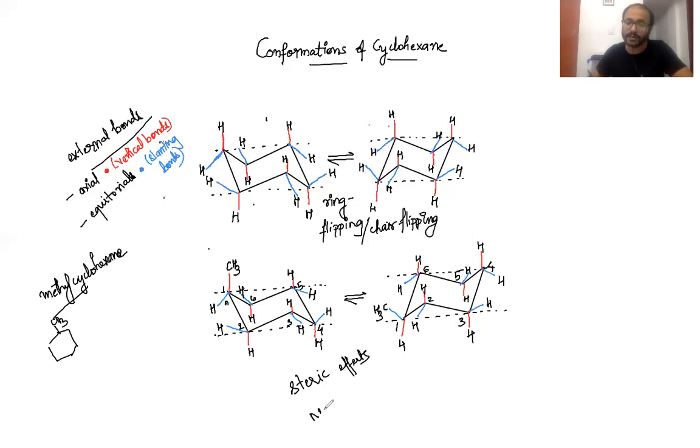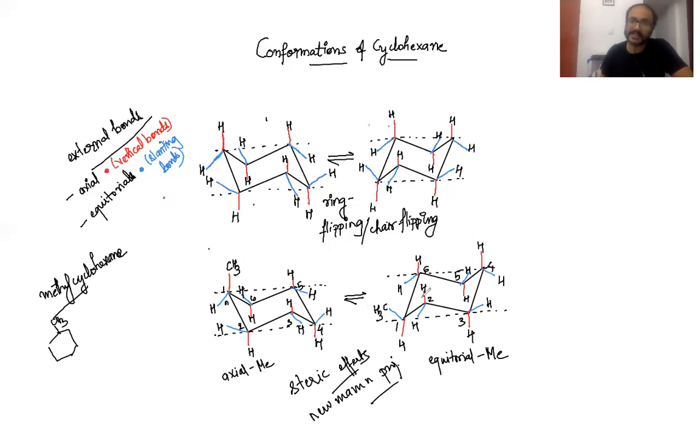Try to draw the Newman projection formulas, and think in both these directions, to find the ultimate reason why one form is more stable than the other. This is the form in which you have the axial methyl group, and in this form you have the equatorial methyl group. So there is a difference here.